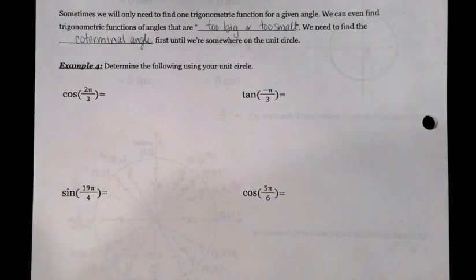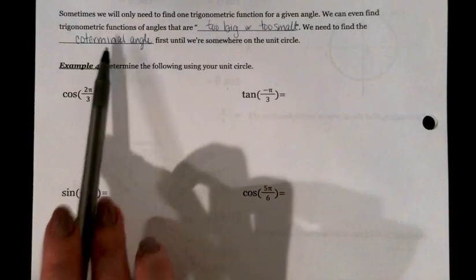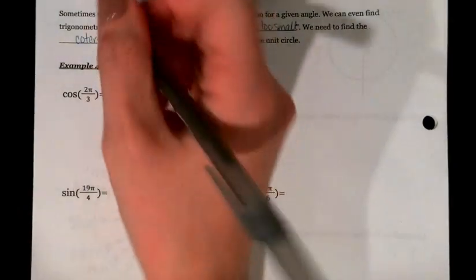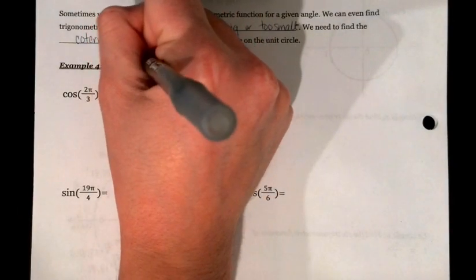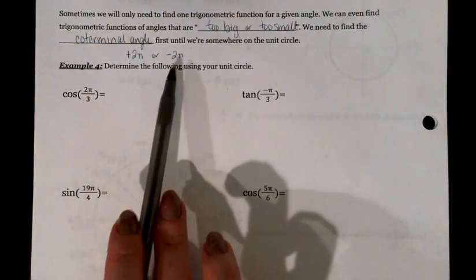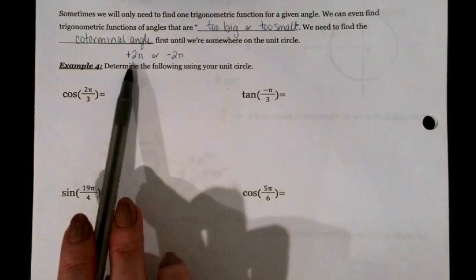Because our coterminal angle will be somewhere on the unit circle, and then it'll be a lot easier for us. And we are familiar with doing this for coterminal angles. Since these are all in radians, we want to either add 2 pi or subtract 2 pi. So if it's too big, we would subtract. If it's too small, we would add.